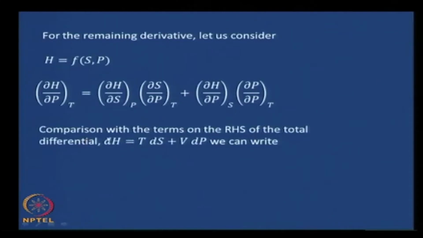Now comparison with the terms on the right hand side of the total differential, dH equals TdS plus VdP, this is the total differential of dH.